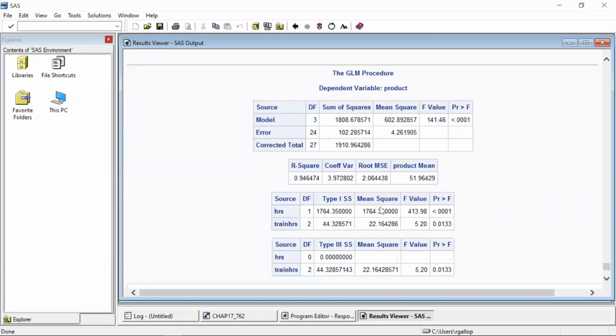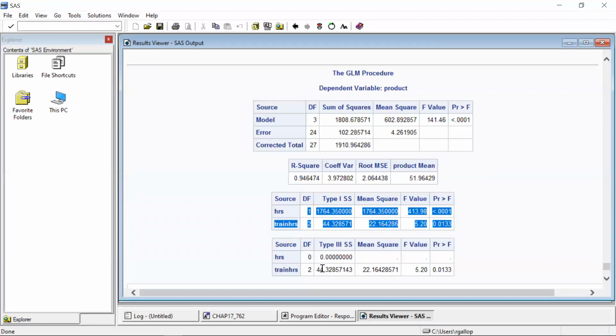It shows us the statistical significance of the predictor in the order it comes in the model. So linear hours is a highly significant predictor of productivity. Training hours, after adjusting for the linear component, is still significant. The type 3 shows the significance of each term in the presence of the others.